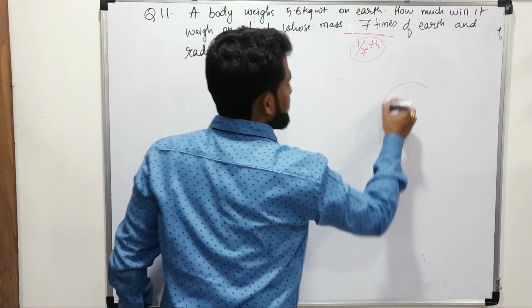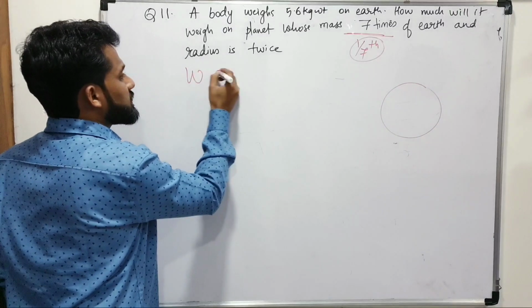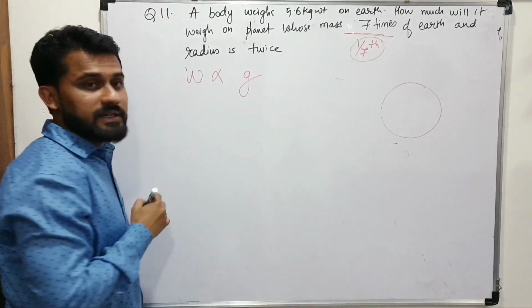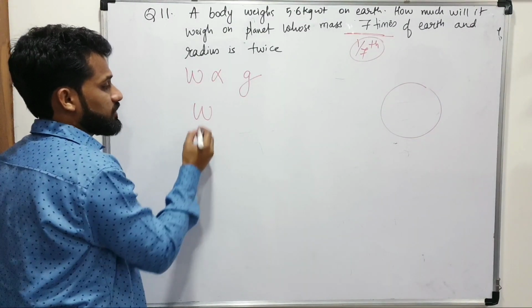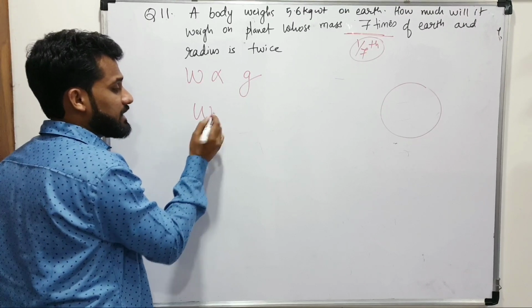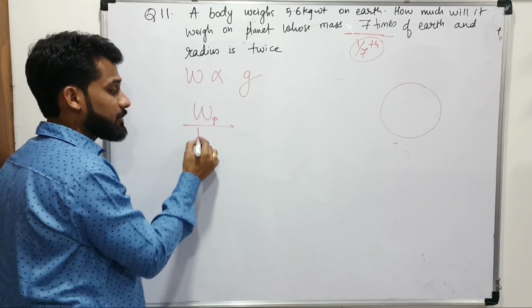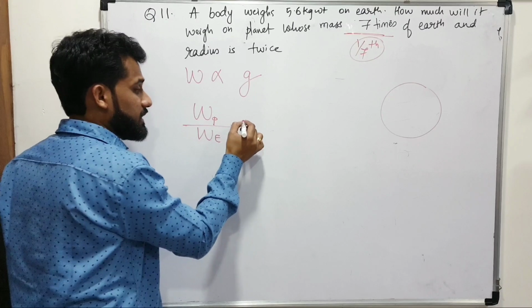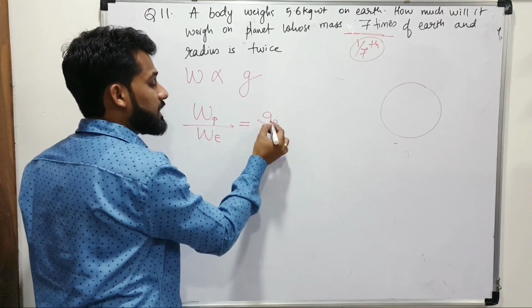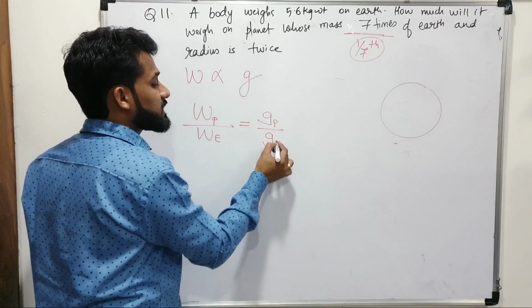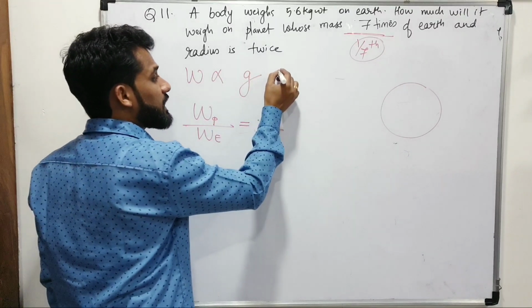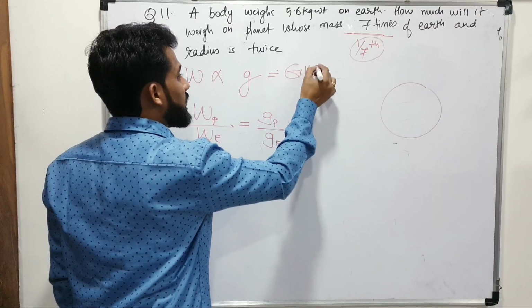Now we know that weight basically depends on gravitational acceleration. So I can say the ratio, the weight on that planet upon weight on Earth, will be equal to gravity on that planet upon gravitational acceleration on Earth. But acceleration due to gravity is GM by r square.